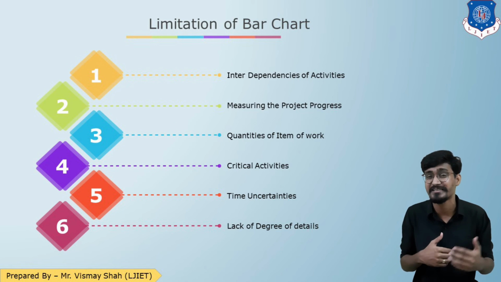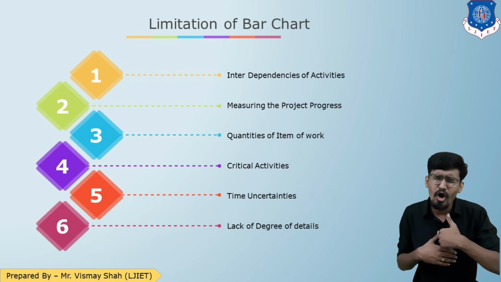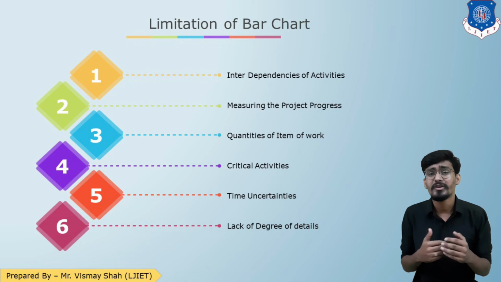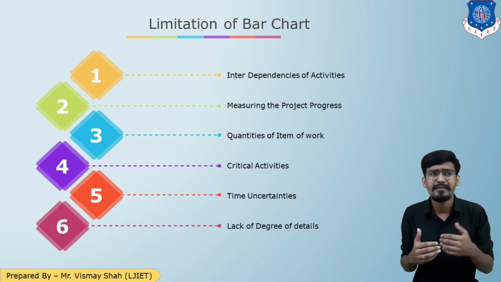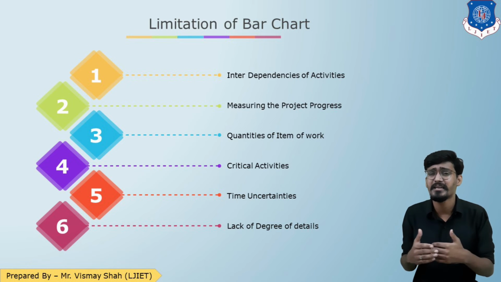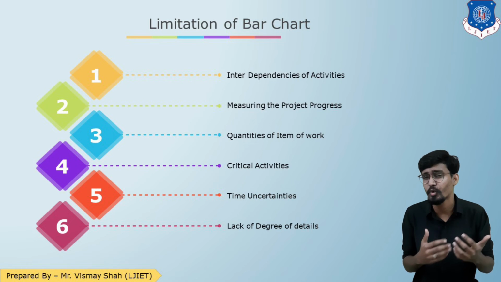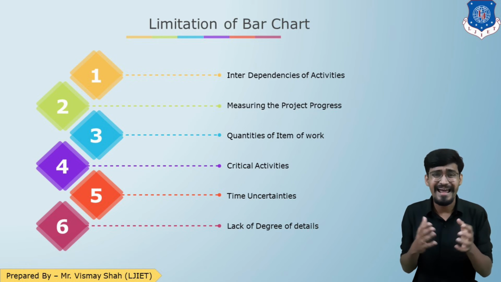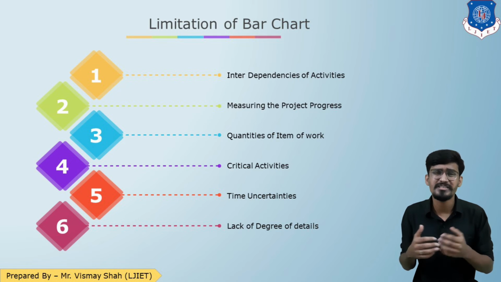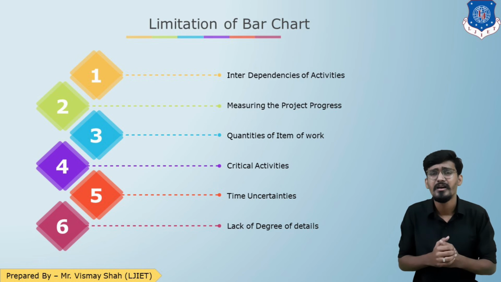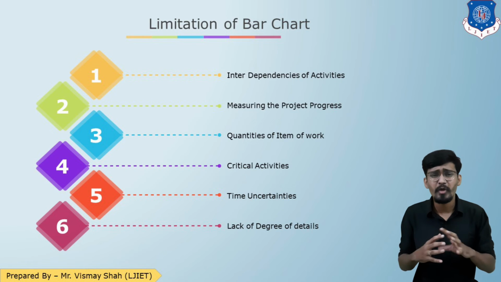There are projects which include time uncertainty, such as uncertainty in getting the drawings or getting the approvals. So you cannot define everything on the bar chart.